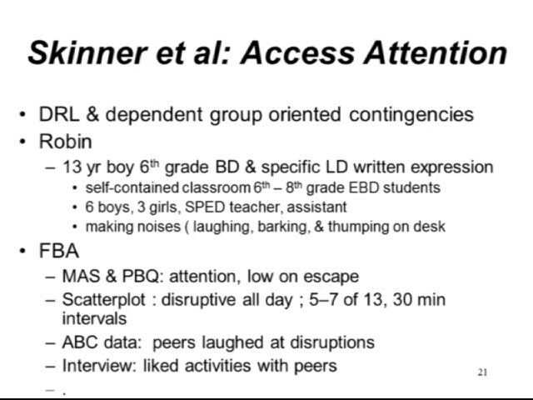They indicated that the behavior was maintained by attention. The scatter plot showed that it happened pretty much throughout the day. And the ABC data that was collected did show that peers laughed at the disruptions of this little boy. So the ABC data, as well as the other indirect measures, indicated that the challenging behavior was maintained by peer attention.